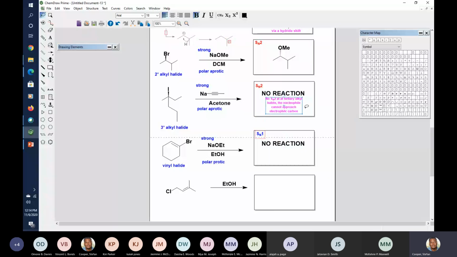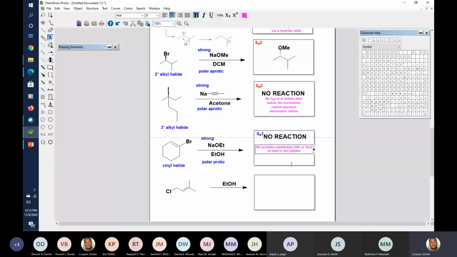The reasoning here is that you cannot do any substitution at a vinyl halide, SN1 or SN2. So there's no possible substitution. When I mean that, that could mean SN1 or SN2 at vinyl or aryl halides.